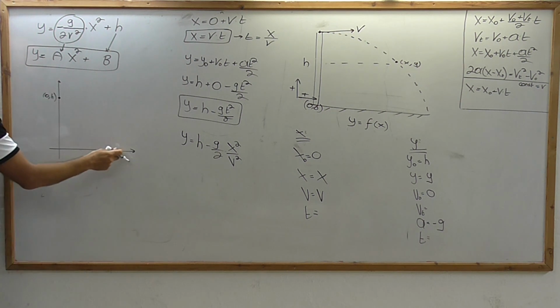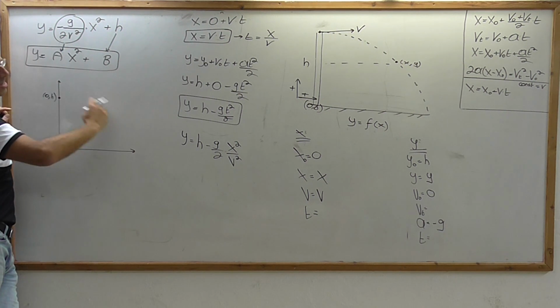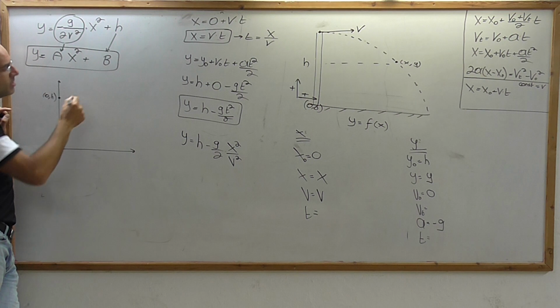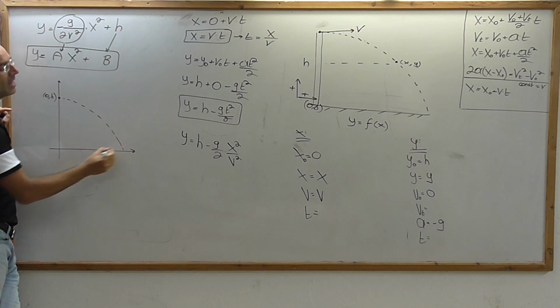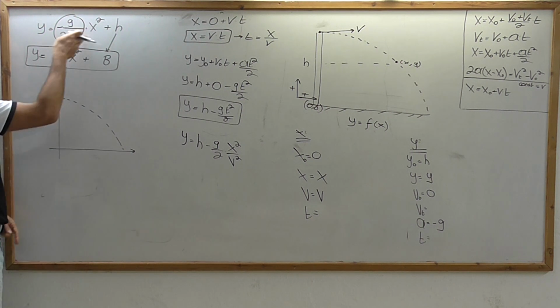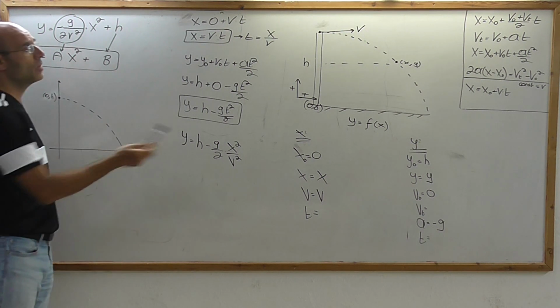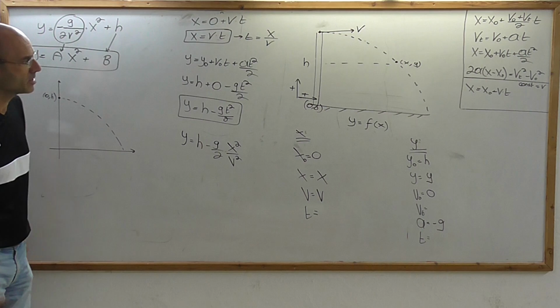If I want to find this, I need to put 0 with the y. It doesn't really matter, but this parabola opens downward, so it will be like that. And now I proved that the path is a parabola. This is the equation, and this is the graph.